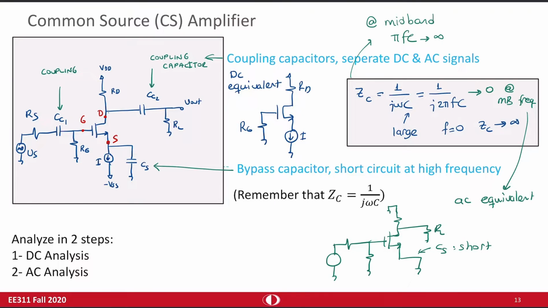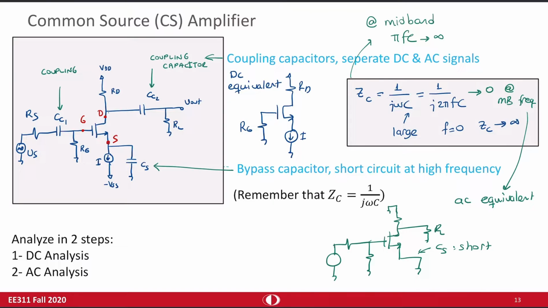So basically, the coupling and bypass capacitors behave like short circuits at high or mid-band frequencies when you want to have the gain. They behave like open circuits at DC. And what is the advantage of this? By this way, you separate DC and AC from each other.